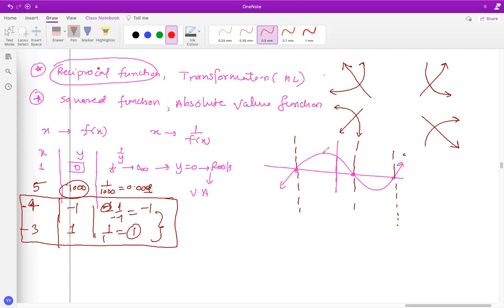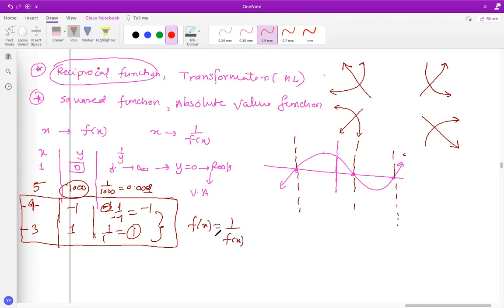So wherever the function has y equals 1, that point will remain the same. It will be on the original function as well as on the reciprocal function. This takes us to an interesting rule: where do a function and its reciprocal intersect, if at all?